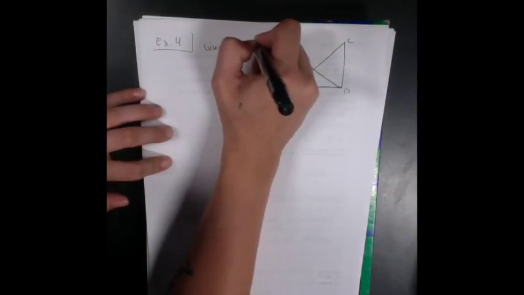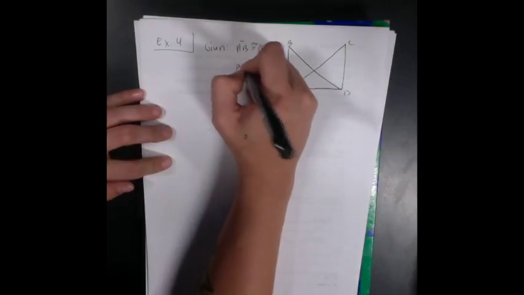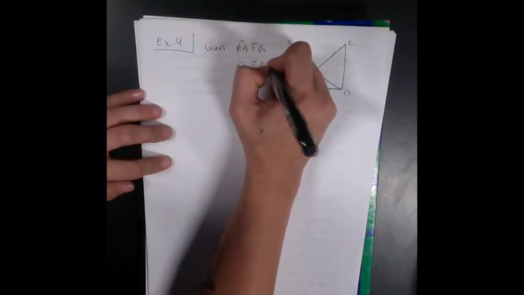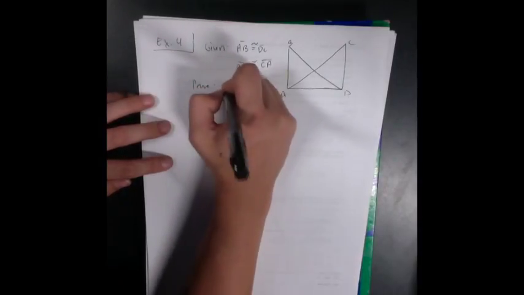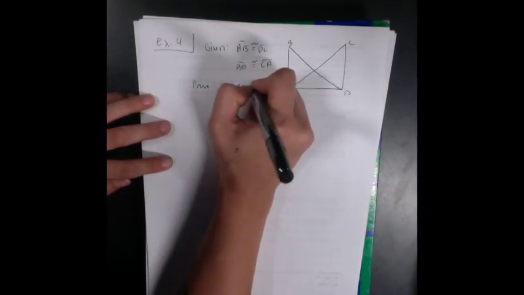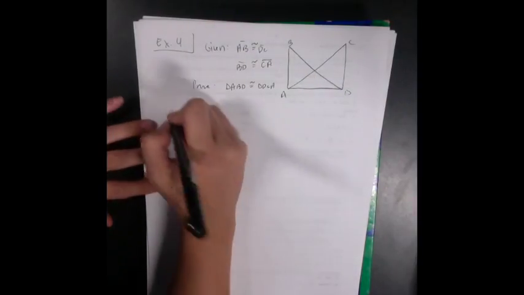Given AB is congruent to DC and BD is congruent to CA, and I want to prove that triangle ABD is congruent to triangle DCA.